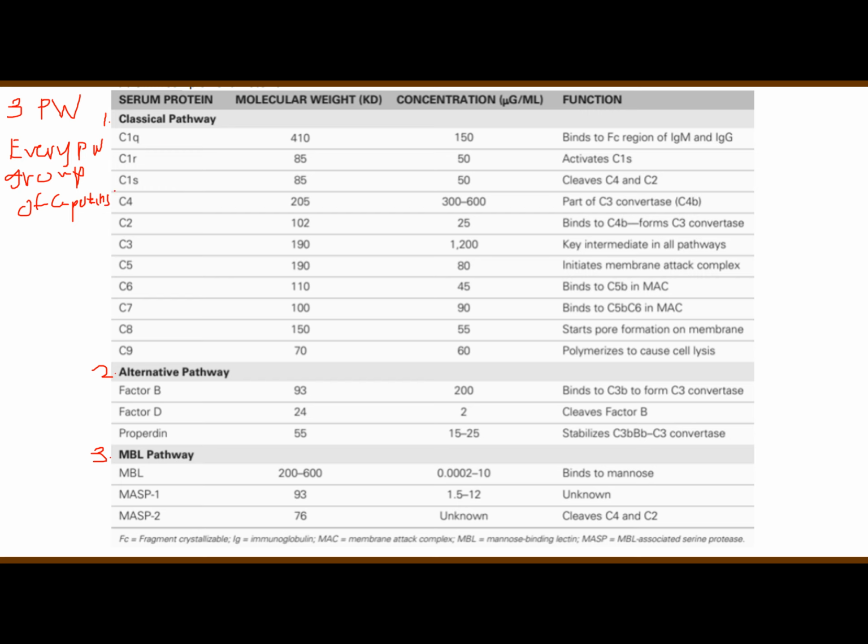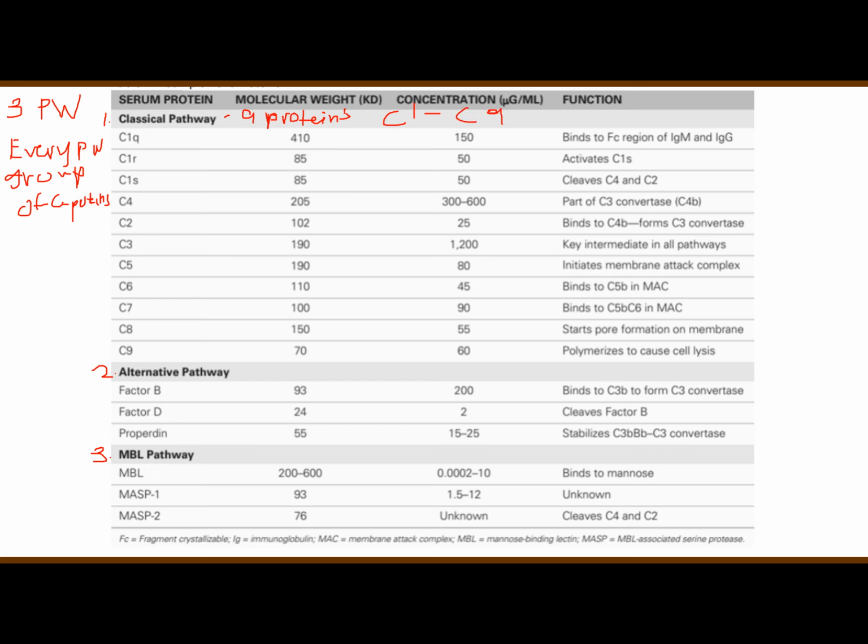An example of that is the classical pathway, which is composed of nine complement proteins. So please take note of that. If asked in your exam, how many complement proteins are there in your classical pathway? There are nine. They are from your C1 to C9.